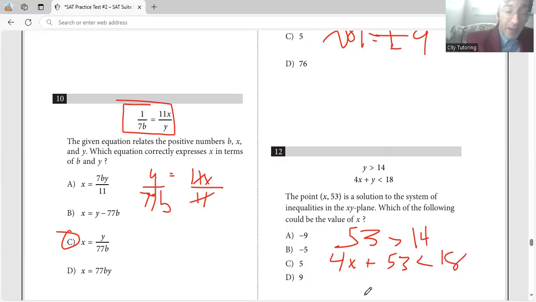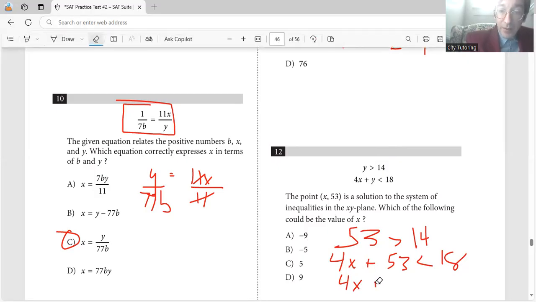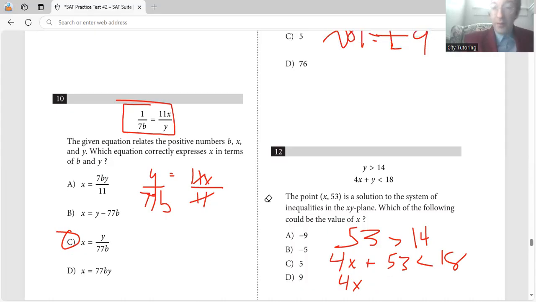I'm going to take away 53 from both sides, so that's 4x plus 53 minus 53, and then 18 minus 53. Let's see, that's going to give me negative 35.